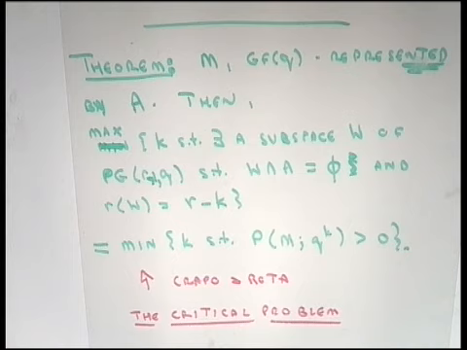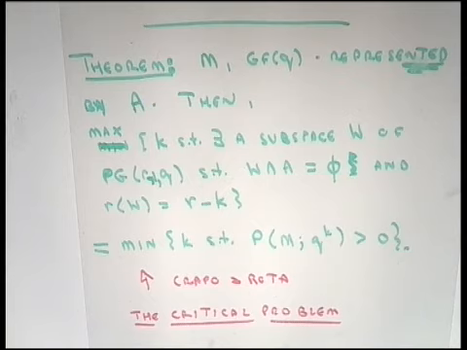Then I look for the maximum corank of a subspace that avoids all of the points in A. I'll look for the maximum rank, but I'll index it by the corank. So I'm looking for the biggest subspace that I can find that doesn't contain any elements of my matroid.